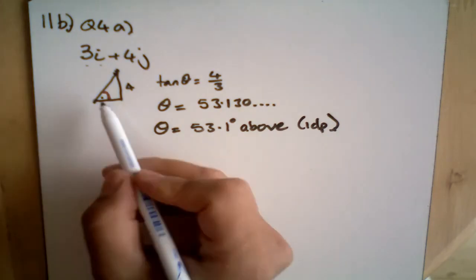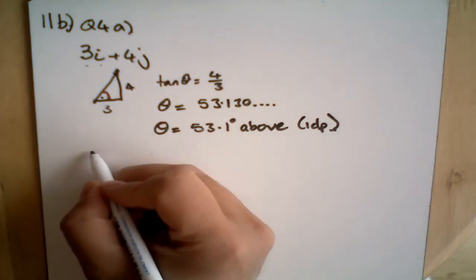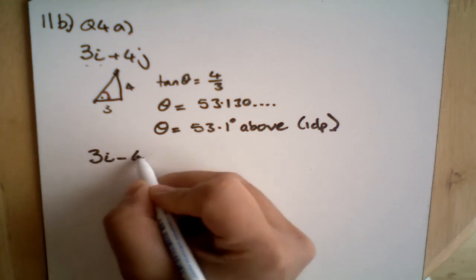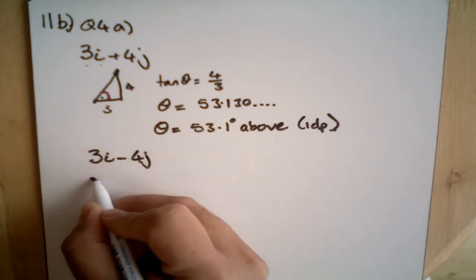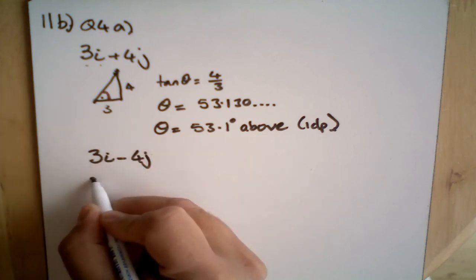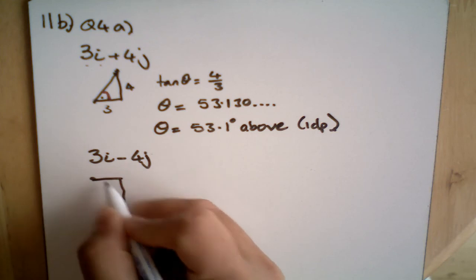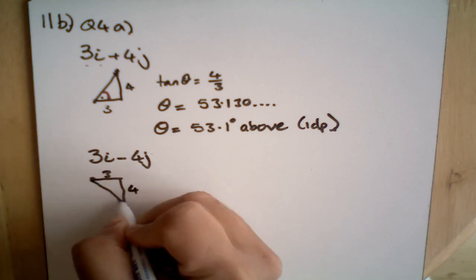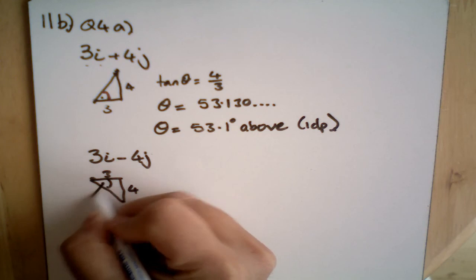Now, had this vector been slightly different, imagine it had said, say for argument, 3i minus 4j, then I would have started at a point, gone along by 3, and gone down by 4, like so. I then would have had this angle in here that I was interested in finding.